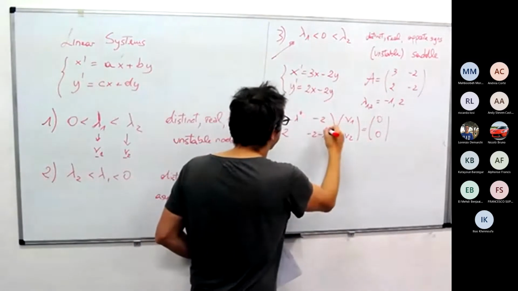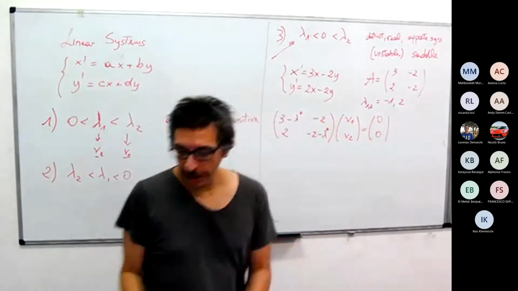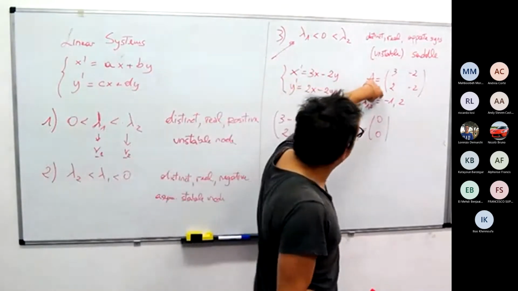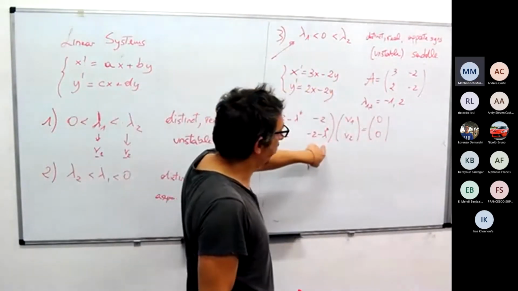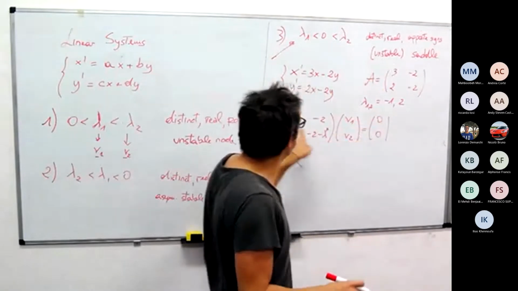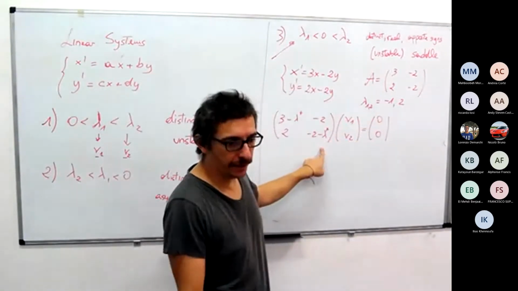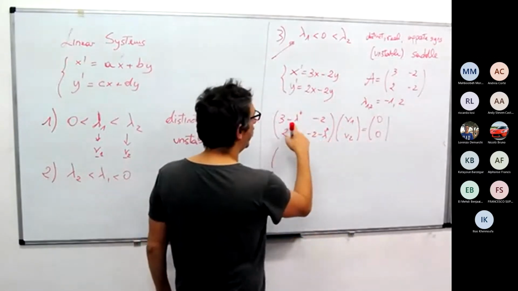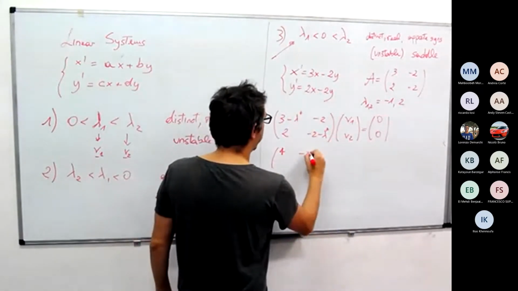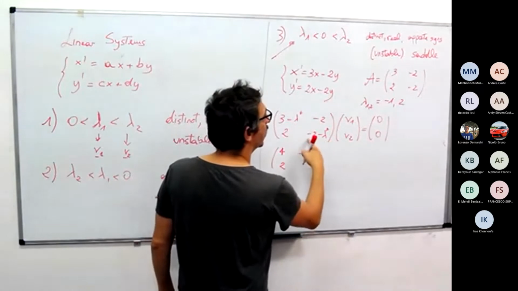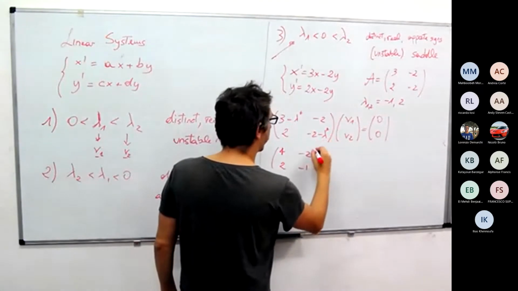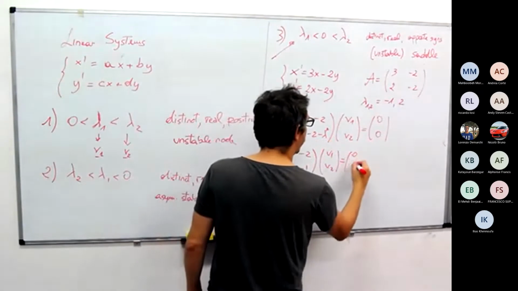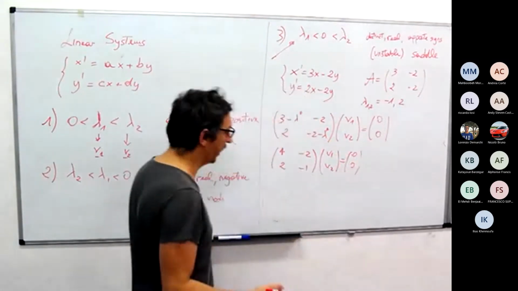Well, here it's lambda star. So what you have to do is take minus 1 and substitute here lambda star, and then take 2 and substitute here lambda star, and you will find the two vectors. So basically, substitute this minus 1. What I have is 3 plus 1 is 4, minus 2, 2, minus 1 times v1, v2 equals 0, 0, and this will give you a first eigenvector.